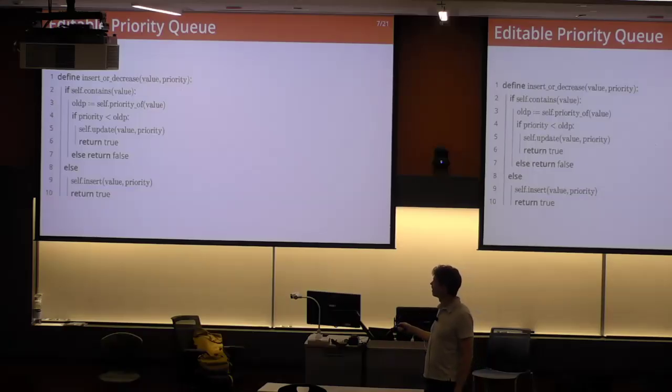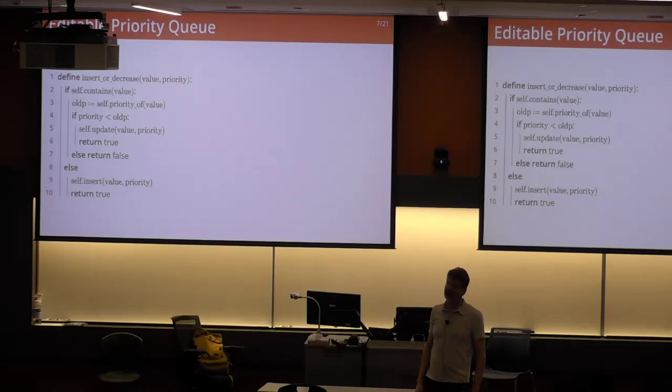We're going to give it the new priority and return true. Yes, I had to change the location that it was sitting in. If the priority is greater than or equal to, we're going to return false. I didn't have to make any changes. You're telling me this didn't do anything. If it is not inside the priority queue at all, we're going to insert it with that priority.